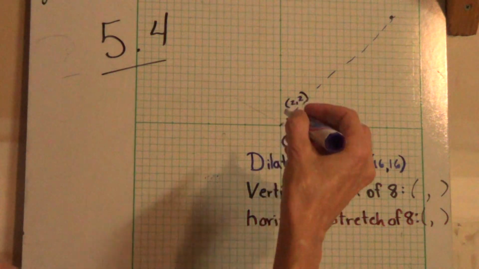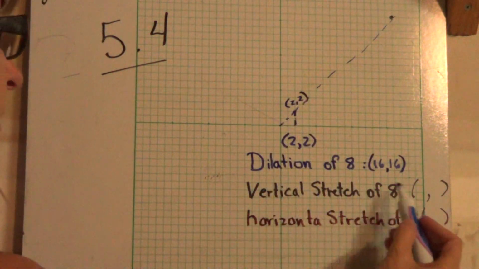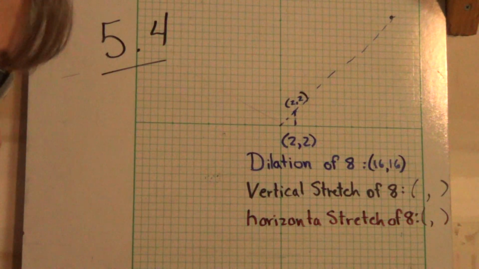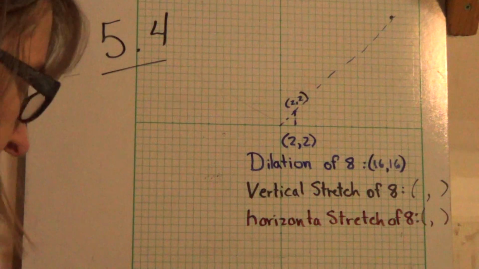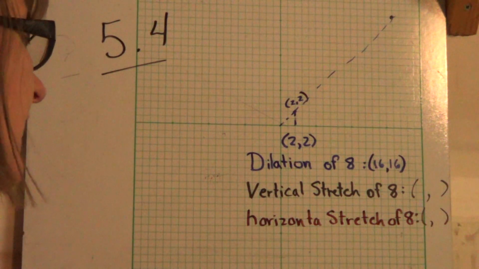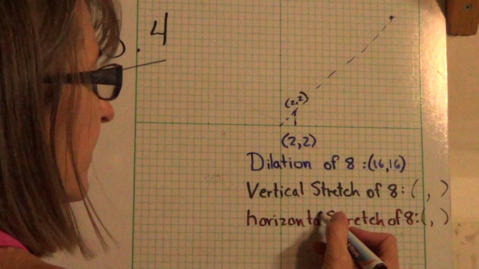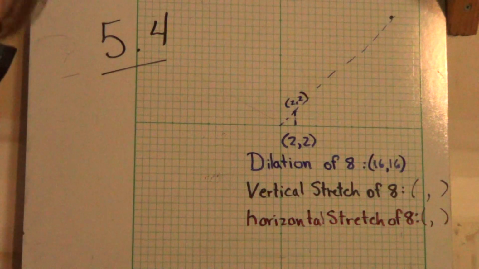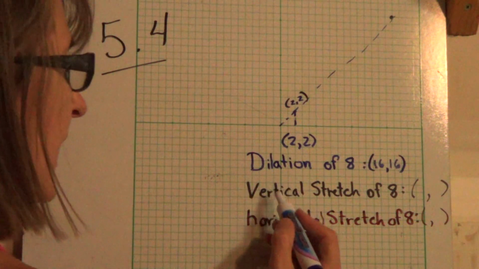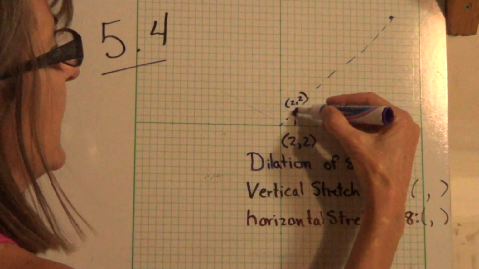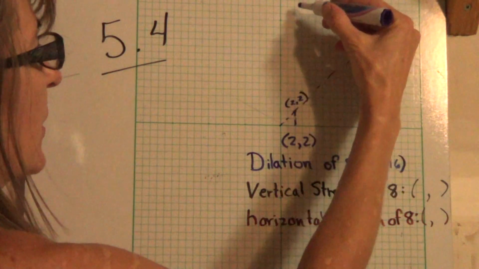Now, on a vertical stretch, vertical is up and down. Horizontal is right to left. Sorry, I left out an L there on my horizontal. These are a little bit different from dilation. On the vertical stretch, the point just simply stretches vertically.